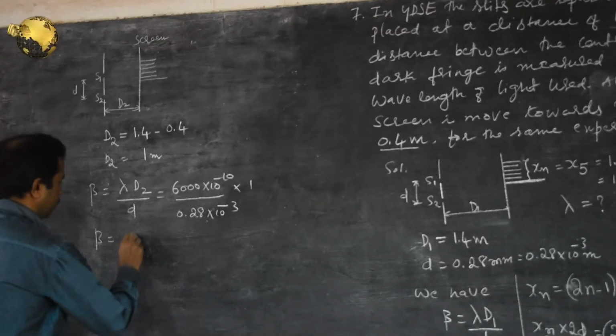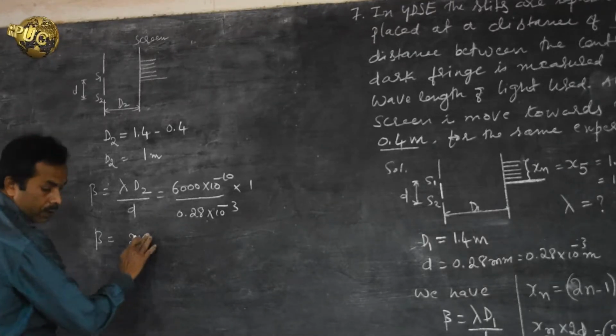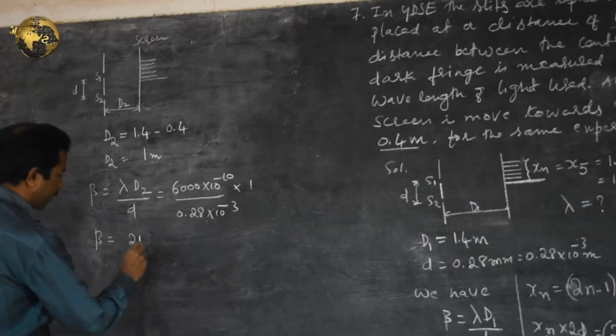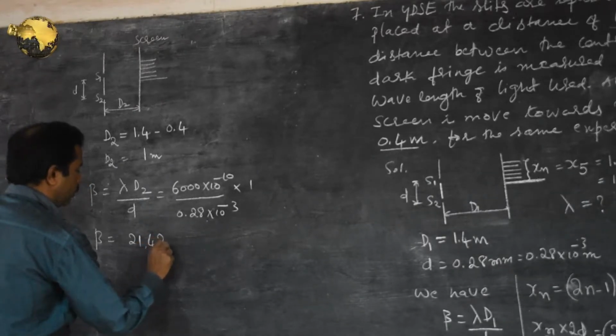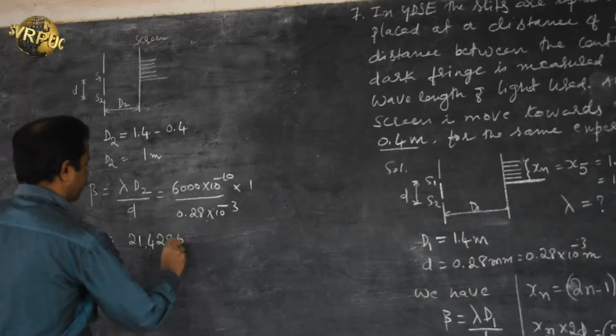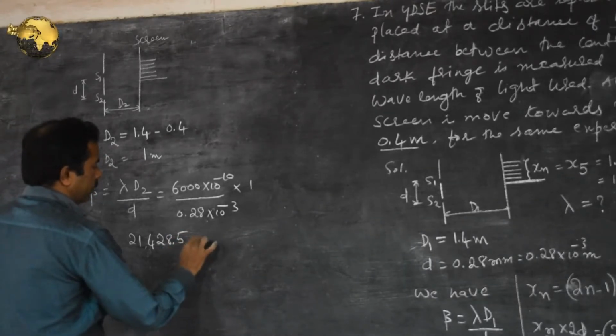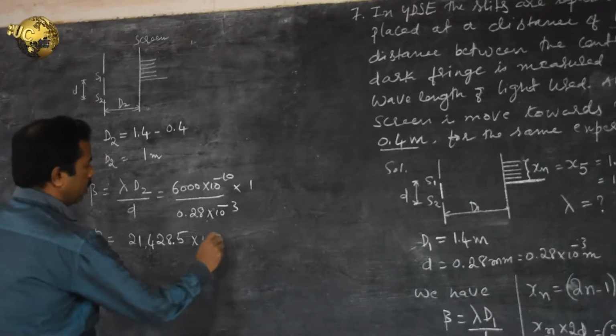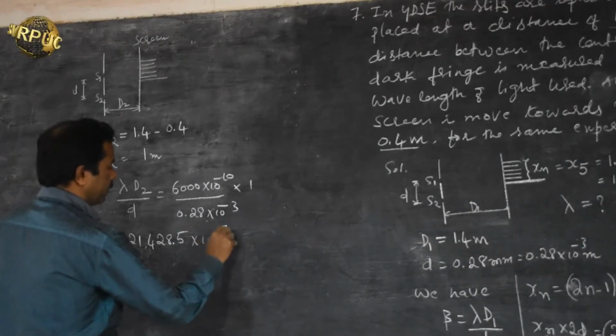This is equal to 21,428.5 into 10 to the power minus 7.